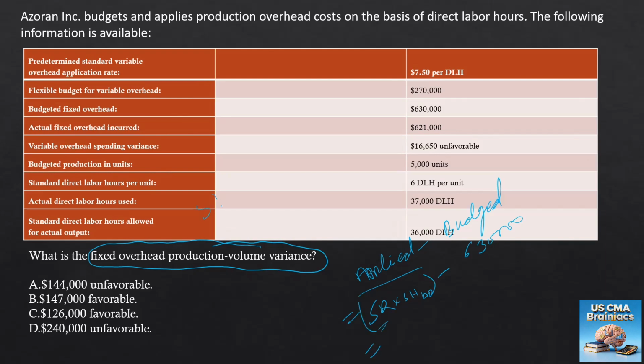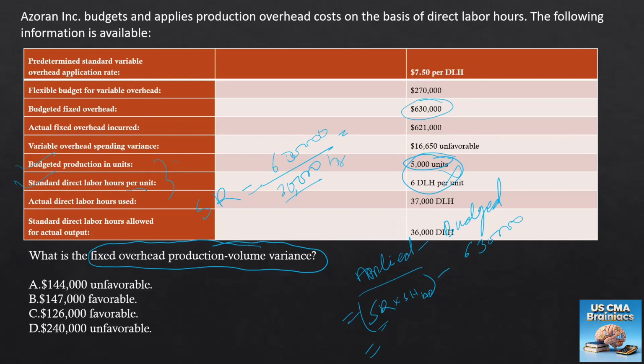How can you find the standard rate? We multiply 5,000 with 6. This is the budgeted production, and this is the standard direct labor hours. That is 30,000 hours. And the budgeted fixed overhead is 630,000.